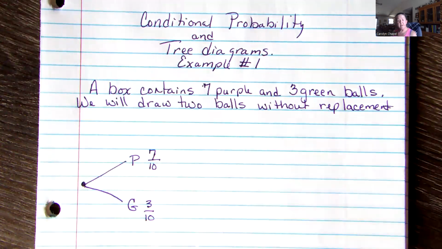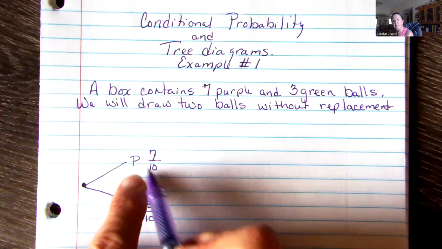Now we've drawn this first ball. In this problem, we are not putting the ball back in, although you could do this problem again with putting it back in. It would still look similar, and we'll talk about the differences in this next stage.